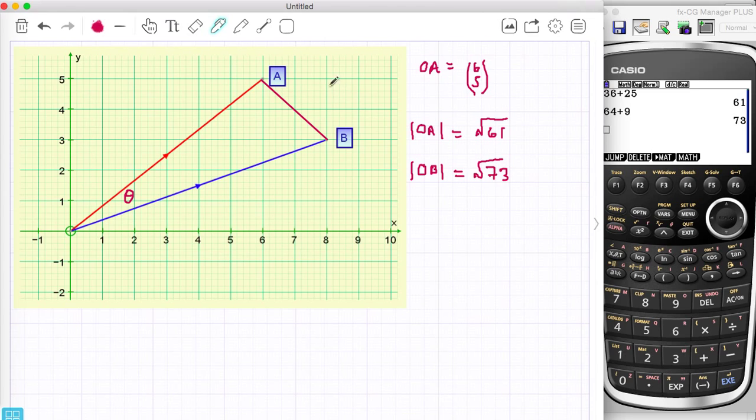Now I also need A to B, and I need to find how long that A to B is. Now I could count the squares, but it's a much easier way to do it, and that's to do the B vector, which is (8, 3), and take away the A vector, which is up here, which is (6, 5), and that gives me (2, -2).